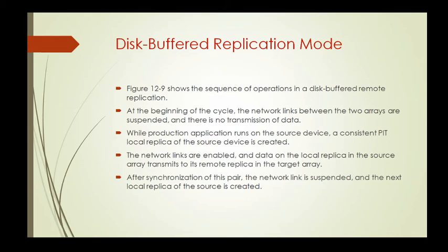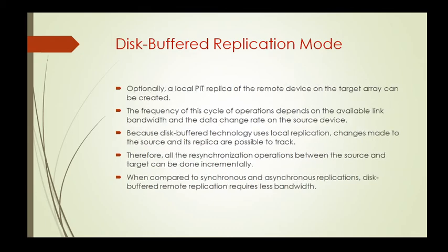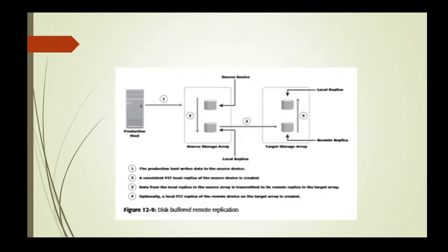Let us see the steps that happen in disk buffered remote replication. There are 4 main steps. We have the production host, then the source storage array and the target storage array. In step 1, the production host writes data to the source device. So the production host will be writing data to its source storage device.